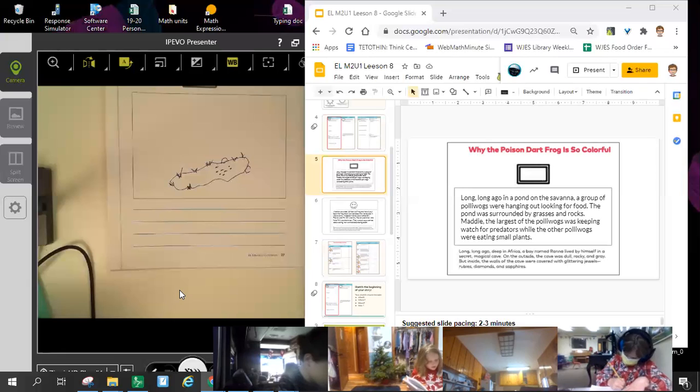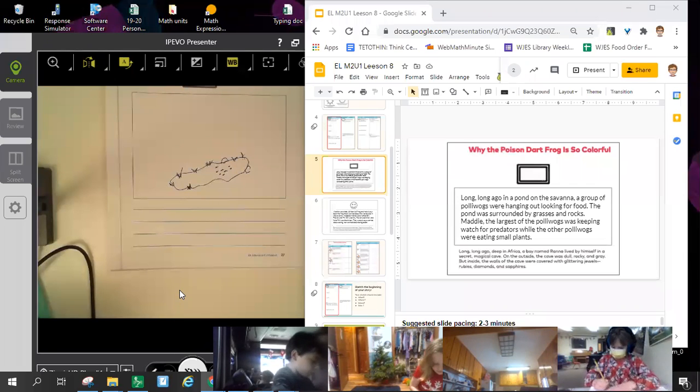Don't forget, you're trying to write your story in a way that helps the readers imagine the characters and the setting.